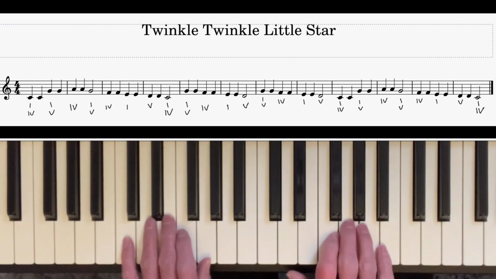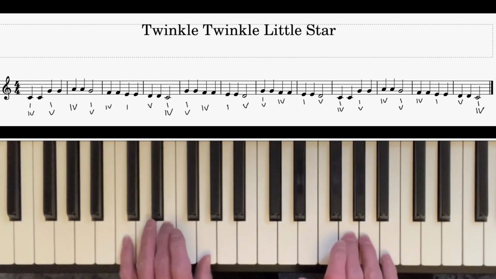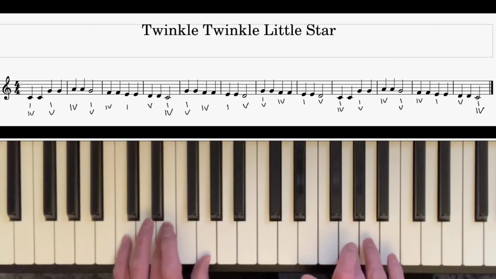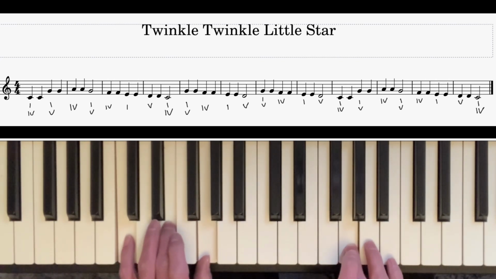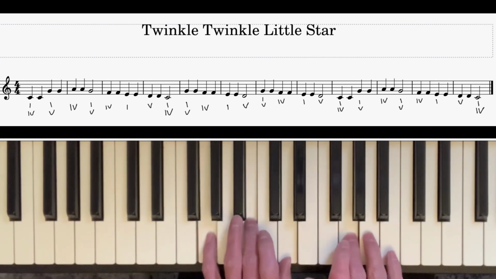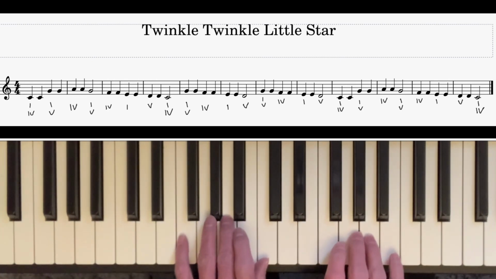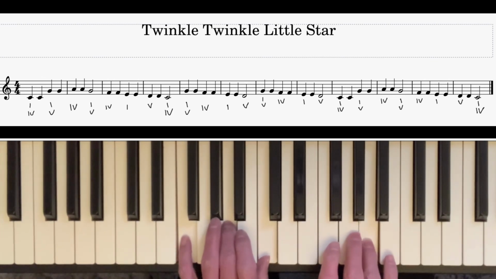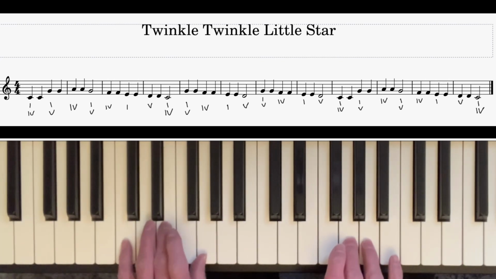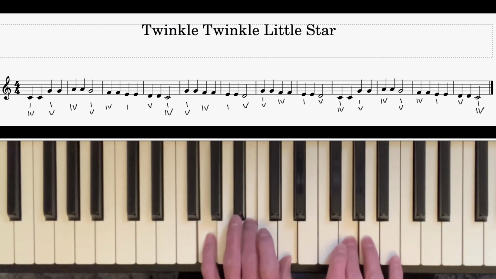The next melody note, G, is in the chord of C major, chord 1, and also G major, chord 5. So I've written the two options down. The next one, A, is only in chord 4. So there is only that one option. Back to G, which again could be either 1 or 5.